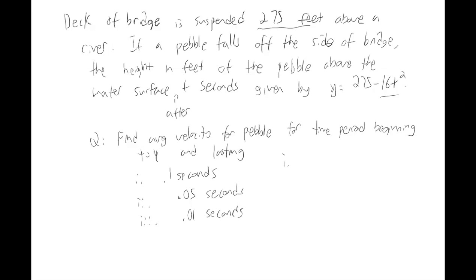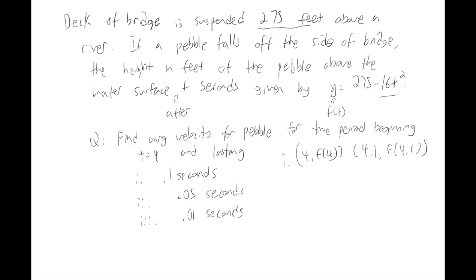Change in y over change in x. If I give you 2 points, you could find the slope. Same exact thing here. You have the point 4, f of 4, and in part I, 4.1, f of 4.1.